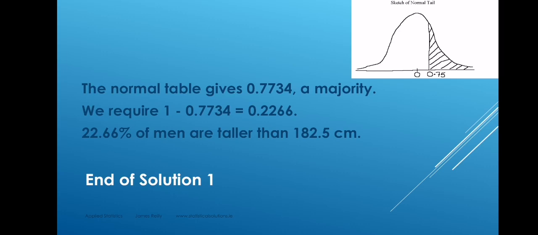And 1 minus represents not in probability. 1 minus 0.7734 is 0.2266, or as a percentage, 22.66% of men are taller than 182.5 centimetres. So that's how we deal with this first problem, where we have a single value of the variable and we wish to associate with that value a particular probability that describes how often it will be exceeded.